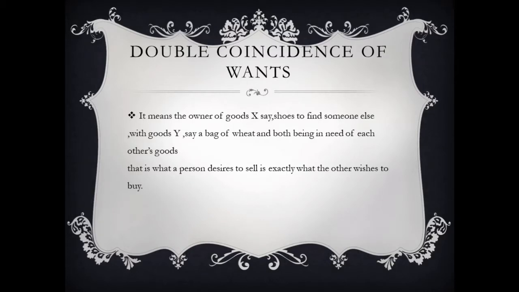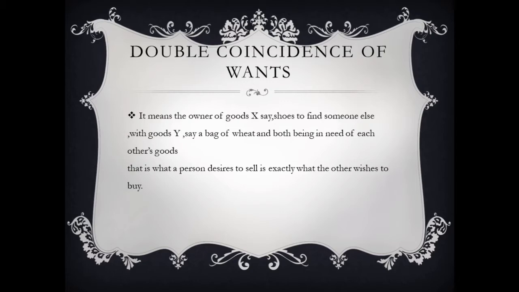From this discussion, we come to know that it would be very difficult to find people for direct exchange of goods. Thus, the need of money came in the mind of man, and money came into existence as a common acceptability. So, with the help of money, man can buy any commodity or service that they want.